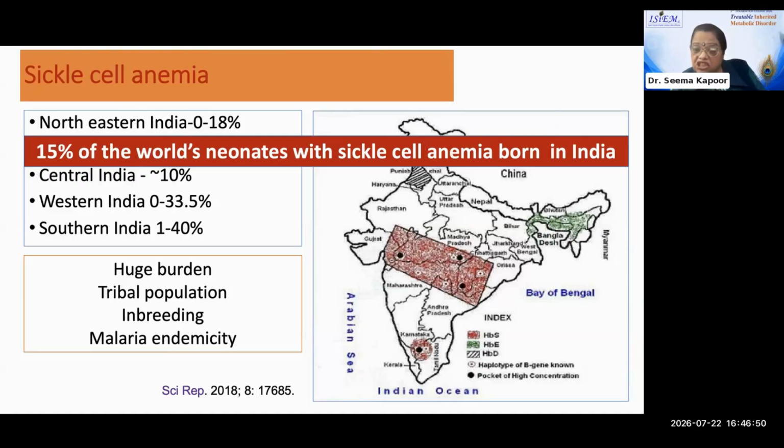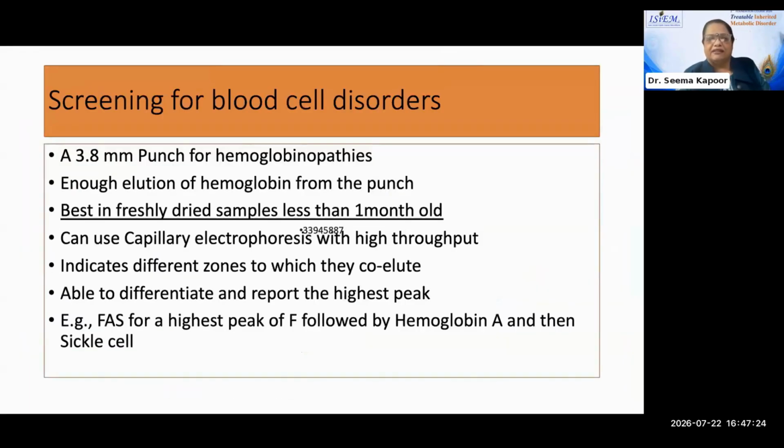But if there is a structural change, that means a nucleotide change in the sequence of the HBB gene, you call it a hemoglobinopathy. Very important. So sickle is a hemoglobinopathy, while HbE is a combination of both a hemoglobinopathy and also a thalassemia, right? So qualitative and quantitative defects, and our Honorable PM's mission to eliminate sickle cell.